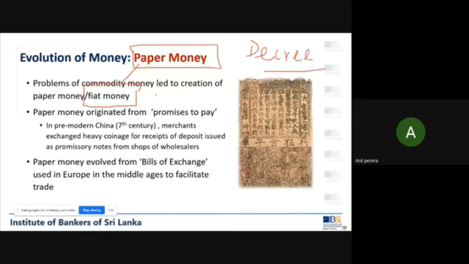You deposit somewhere and you take a piece of paper for that. Let's say you deposit 100 coins and you take a piece of paper for that 100 coins. That piece of paper is a promise to pay. What is the promise? When you bring it back, you will be refunded with your 100 coins.